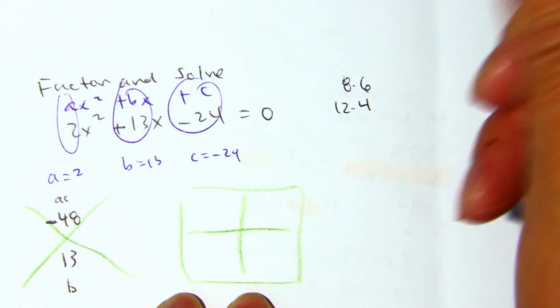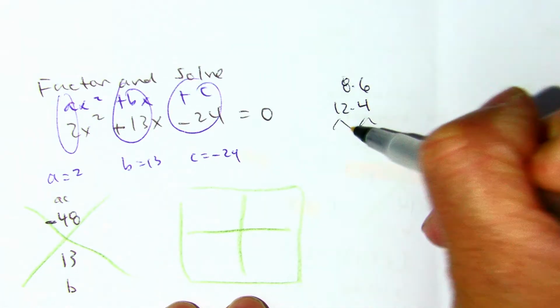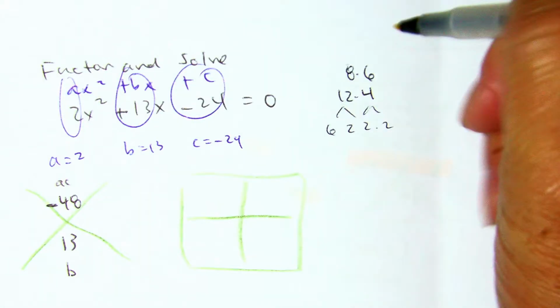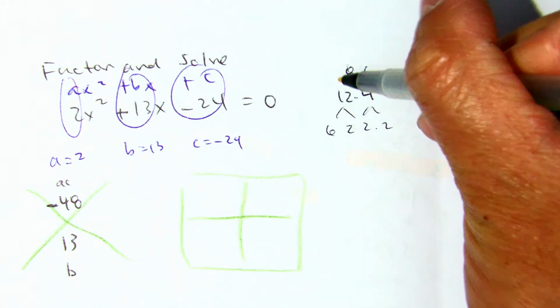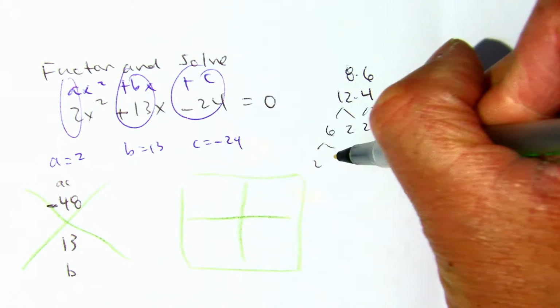I saw a full strategy yesterday. And then you can multiply any combinations of these, right? That would be 8 times 6. You can break that one again.